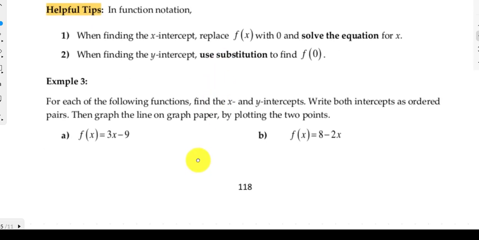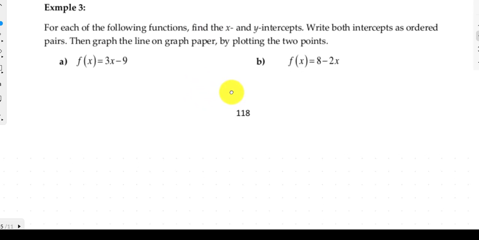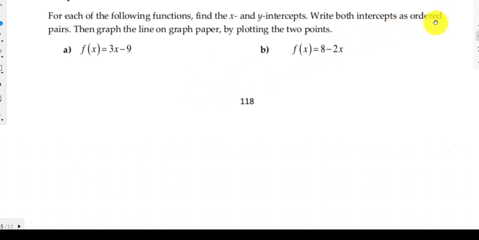So if I look at example 3, it says find the x and y intercepts, write both intercepts as ordered pairs, and then graph them. Okay, let's do that. So for letter A, if I want the x-intercept, I'm going to sub in 0 for f of x, or 0 for y, and I'm going to solve this problem.